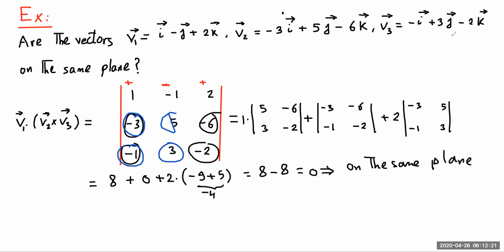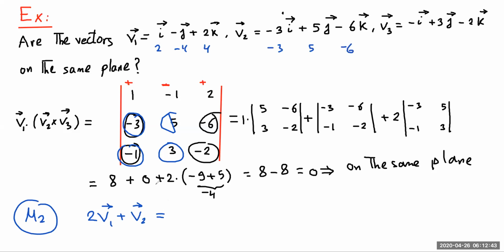Method 2 to solve this exercise. If we take 2v1 plus v2, let's calculate this. So it's 2, minus 2, 4, and here plus minus 3, 5, minus 6. So what is the answer? 2 minus 3 is minus i. Wait a minute, here minus 2, minus 2.